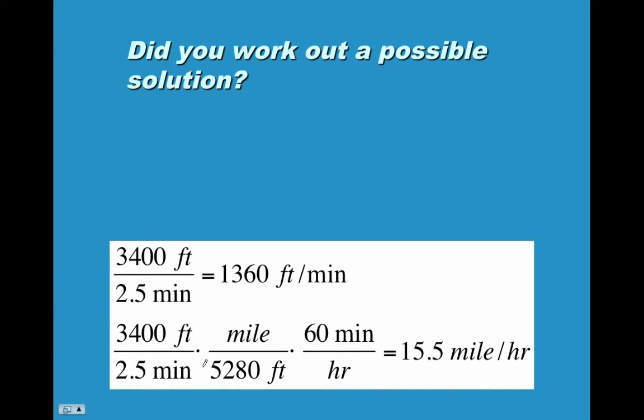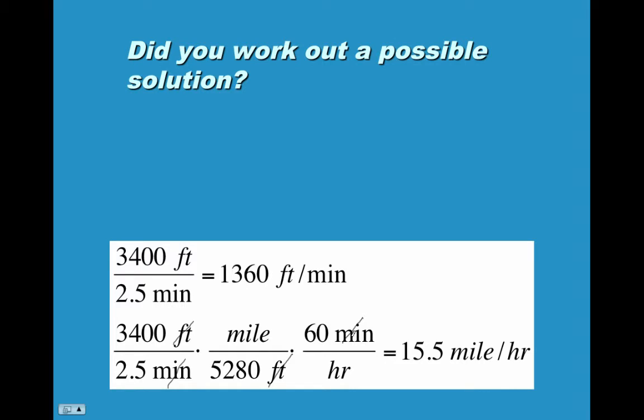So I'm going to turn feet into miles. We know that there's 5,280 feet in a mile, so this is going to go on the bottom so that these cancel out. There's my miles. And I want to turn minutes into hours, knowing that there's 60 minutes in an hour, so 60 goes on top. Minutes cancel out. And hey, we've got miles per hour.